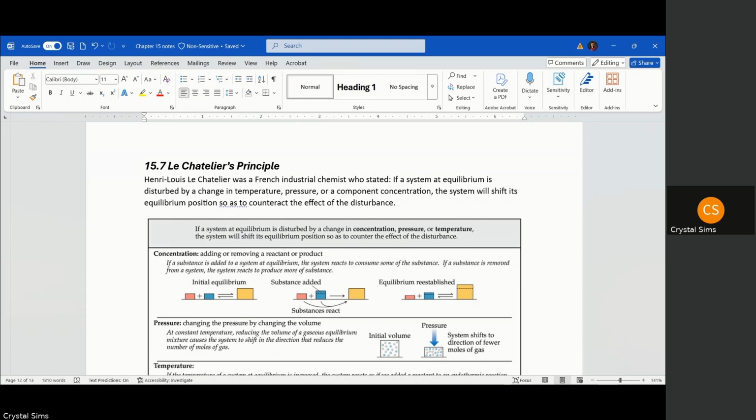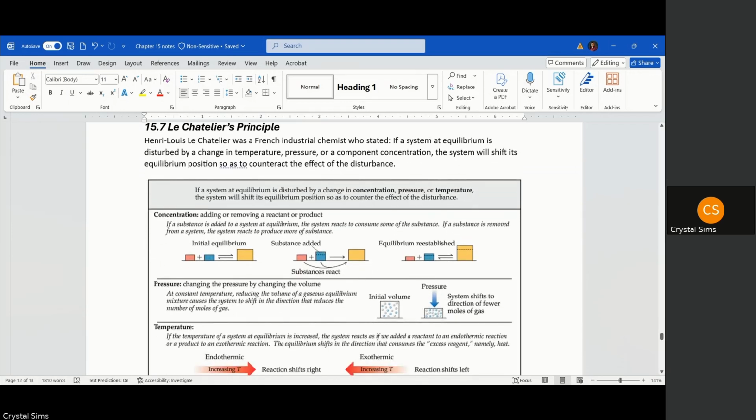And we know from our study on gases that temperature and pressure can make a huge difference in the way that gases interact, right? And we also know that increasing the concentration of either our reactants or our products can also affect reactions. So the three of those can greatly affect equilibrium.